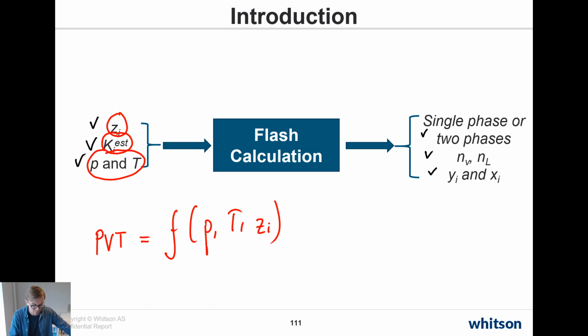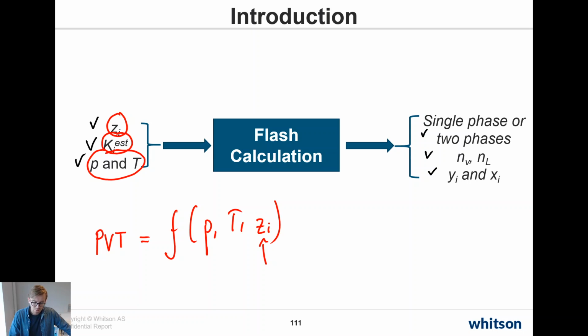And then we remember that we could simplify this composition with GOR and all these things. But it's all again back to this very fundamental understanding of what PVT is and what it is a function of.